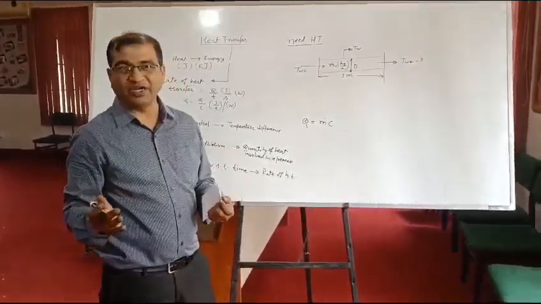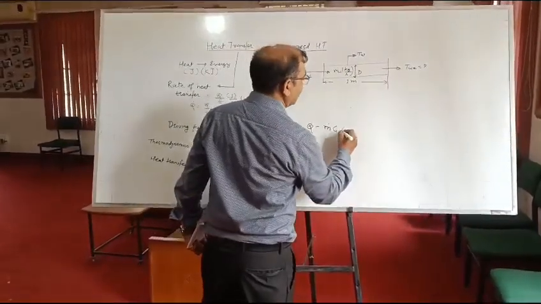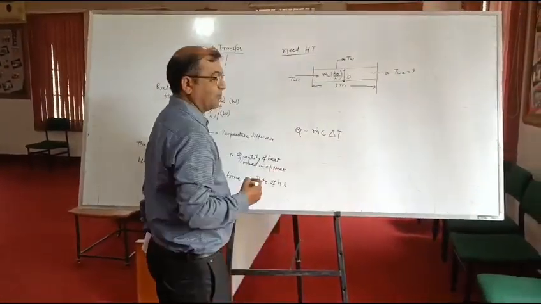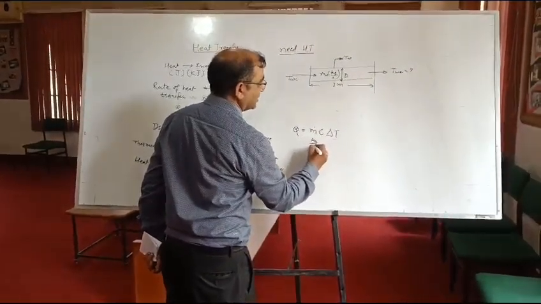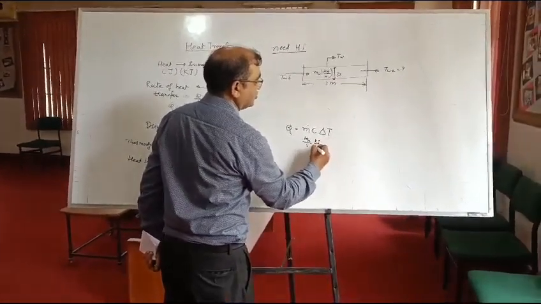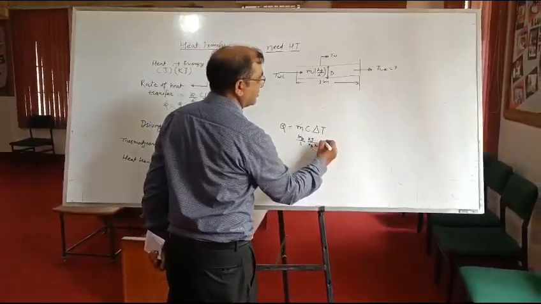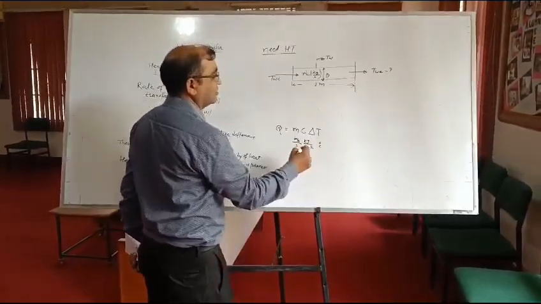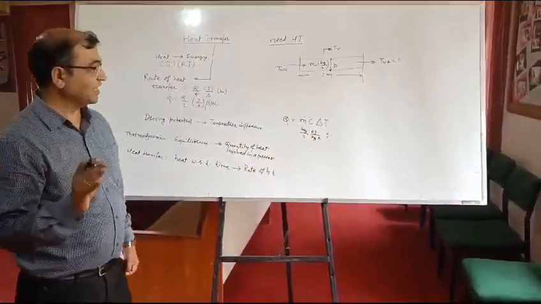Otherwise, for liquids and solids, there is a single specific heat, and del T is the temperature difference. This m dot is the mass flow rate in kg per second. C is in kilojoule or joule per kg Kelvin or degree Celsius, and this is the temperature in degree Celsius or maybe Kelvin. It doesn't make any difference.